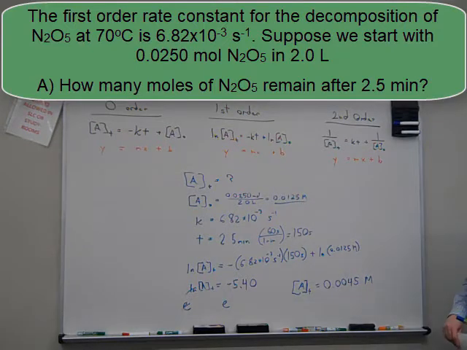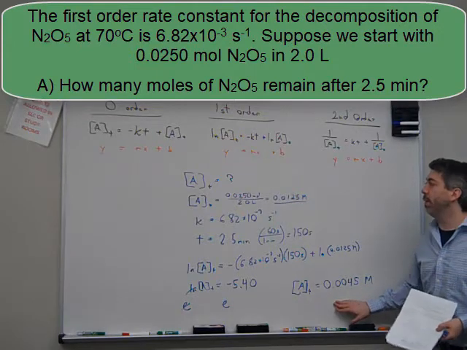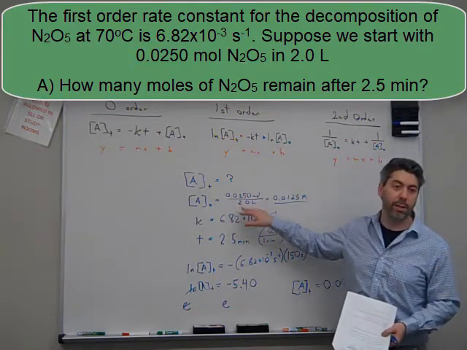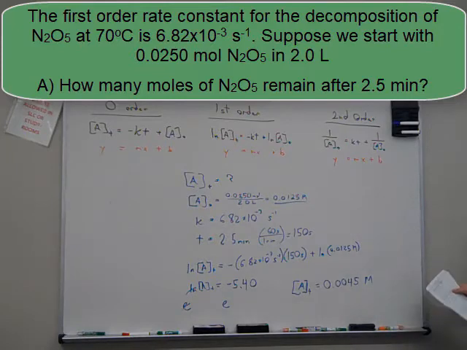But anyway, so now you have 0.0045 molar, but it's actually asking for how many moles of N2O5 will remain. So to get the moles, you would just multiply by the volume, which is 2 liters, and that would give you your moles of 0.0090 moles.